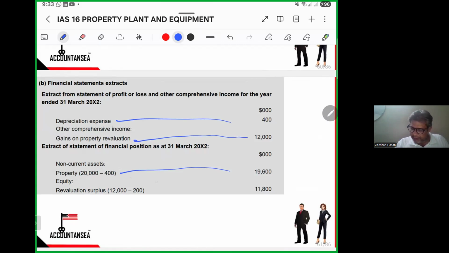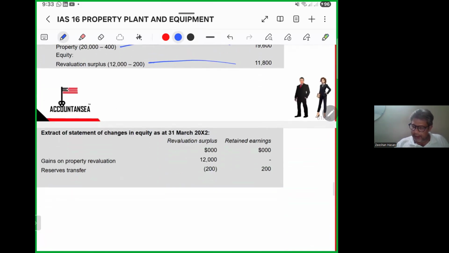In equity, revaluation surplus 12,000 minus 200, 11,800. Then in the statement of changes in equity extract, we have the gain on revaluation in the revaluation surplus column. In the transfer, minus 200, that is the excess depreciation transferred like that. That's how we will do it.